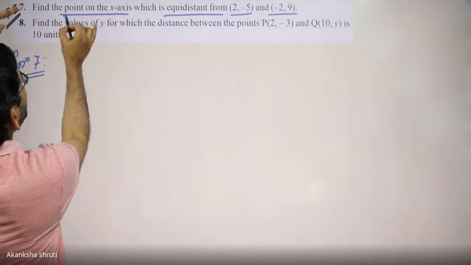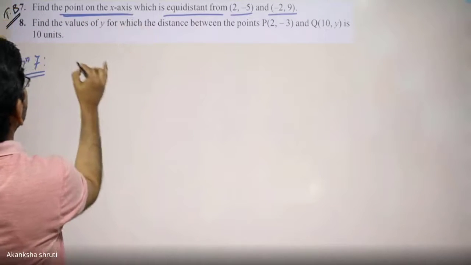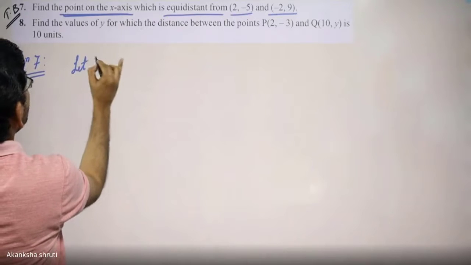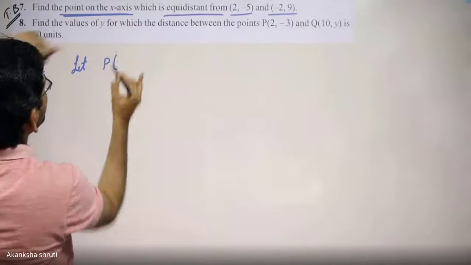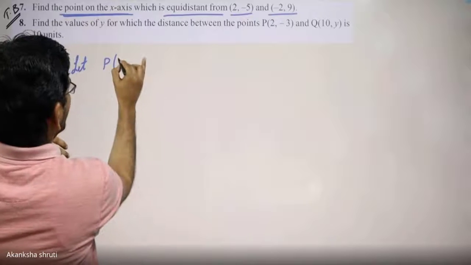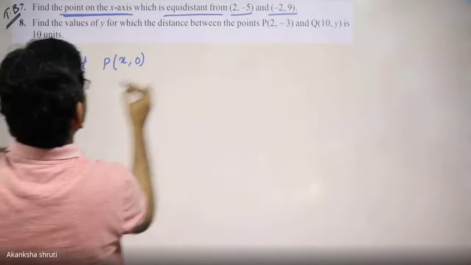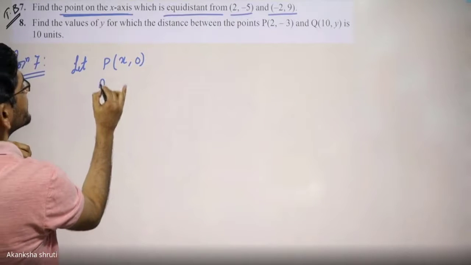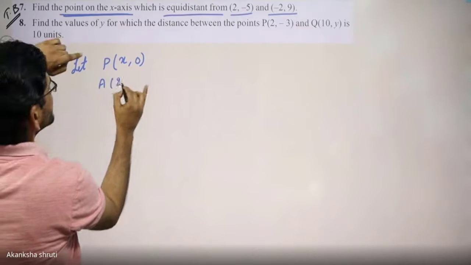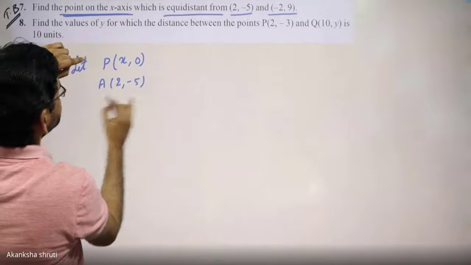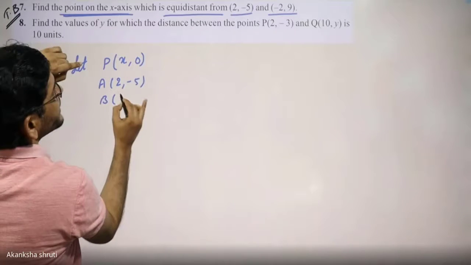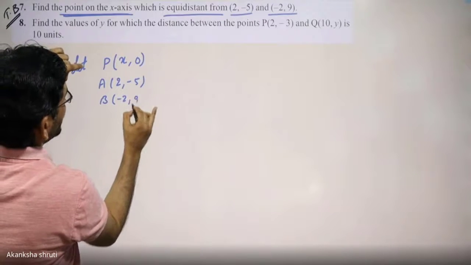The point on x-axis, so we shall take it as P. The point on x-axis is always taken as (x, 0). And the other points we may take as A (2, -5) and B (-2, 9).